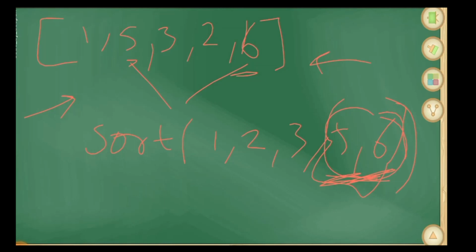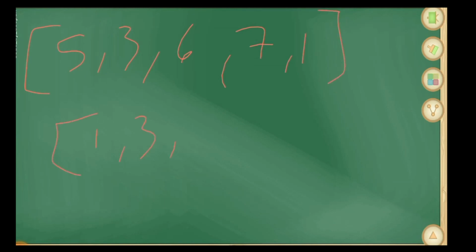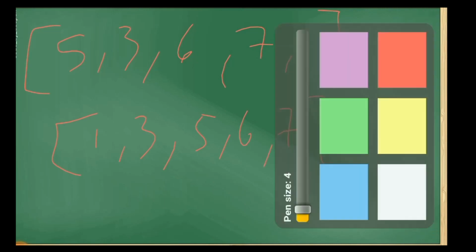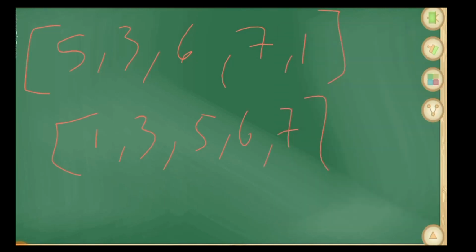So this same approach applies to this problem. You sort the elements. For 5 3 6 7 1, after sorting you get 1 3 5 6 and 7, and now you take the difference of two consecutive elements. 1 and 3, that is 2.